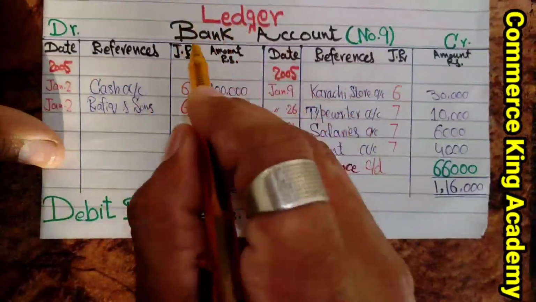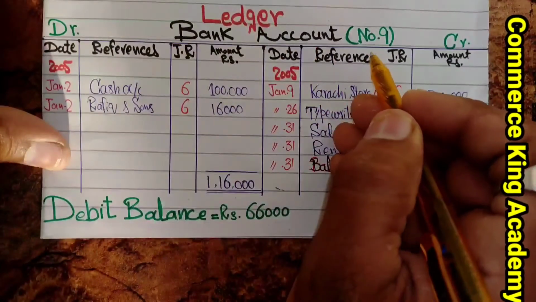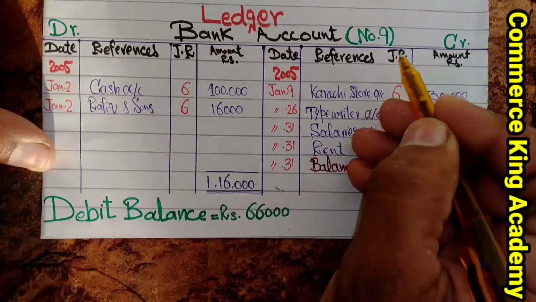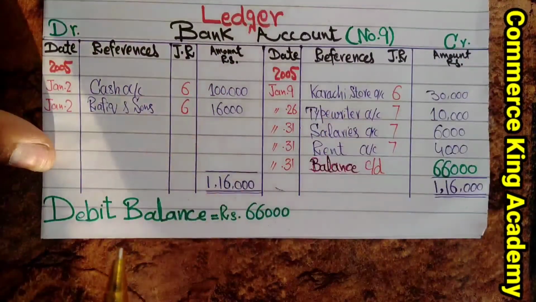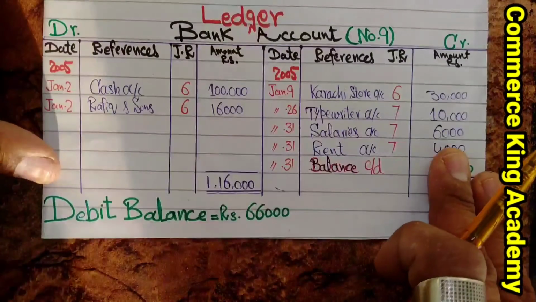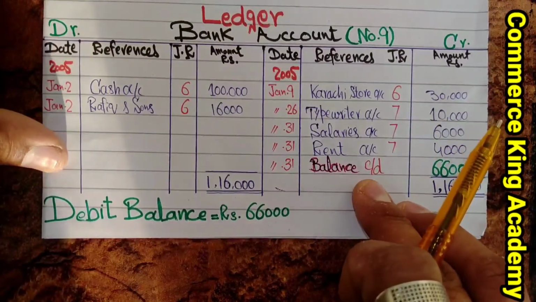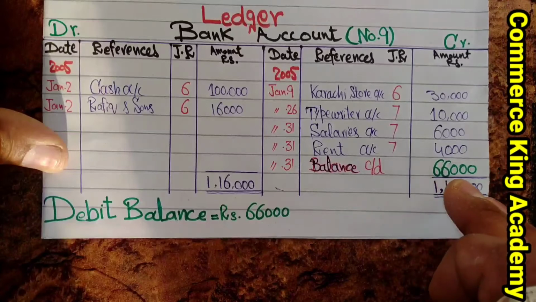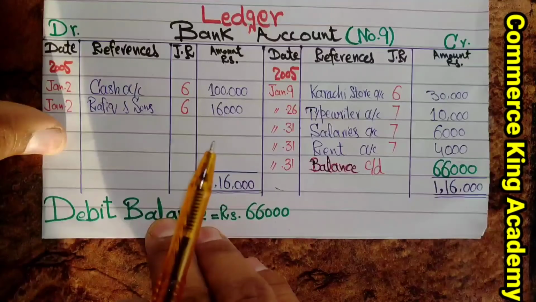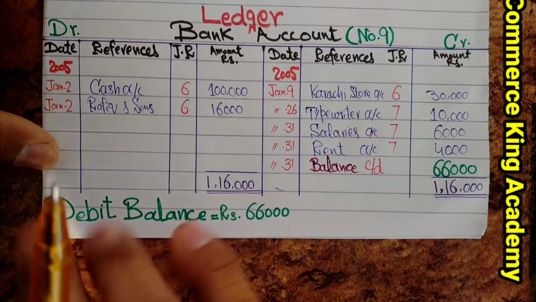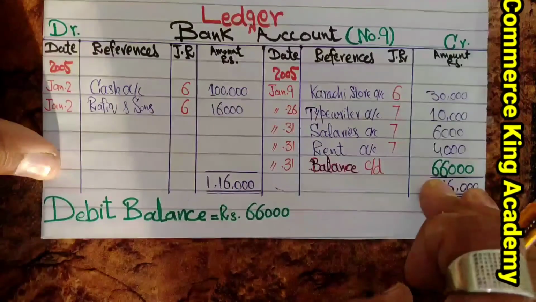Okay, same as earlier. Our next ledger account is the bank account, ledger folio number 9, debit side, credit side. The debit side is heavier than the credit side, so ultimately we have this balance carried forward, 66,000 rupees. This is the debit balance of the bank account because the debit side is heavier than the credit side.